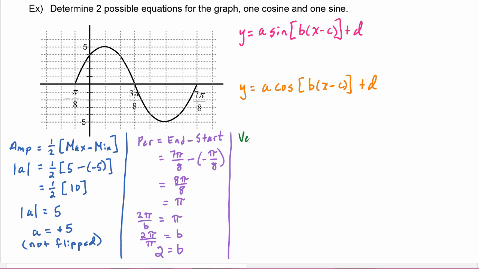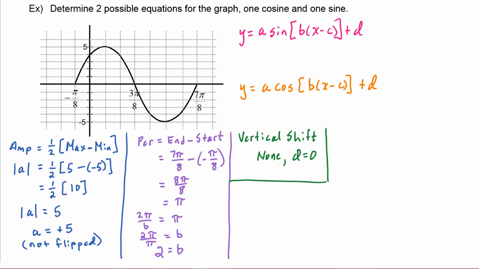So we know the vertical shift by looking at the graph here. Well, the center line of the graph is still on the x-axis, so there is none. So that means that d is equal to 0. Now let's talk about the phase shift.